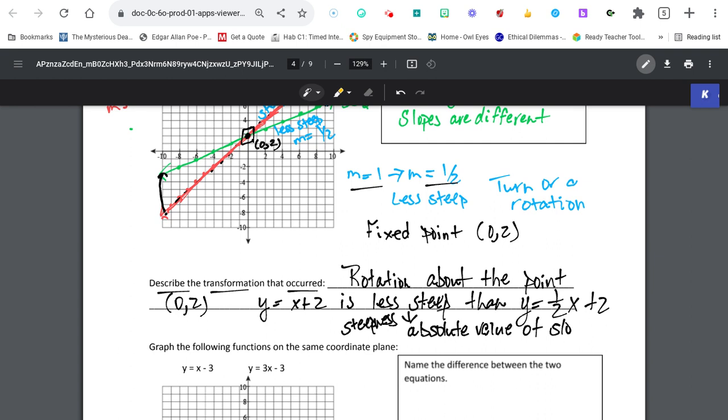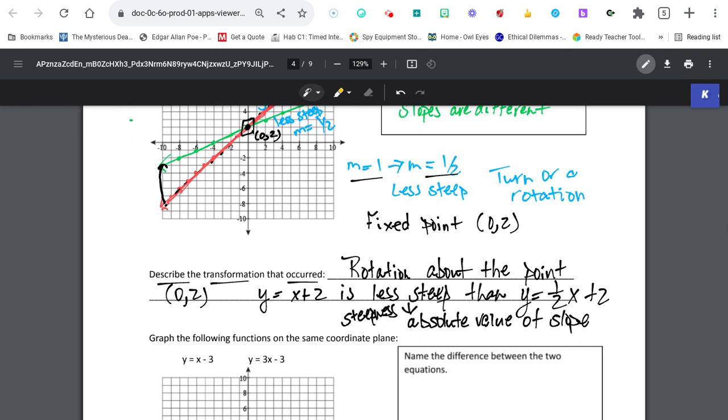Just remember, the greater the absolute value of the slope, the steeper the line is going to be.